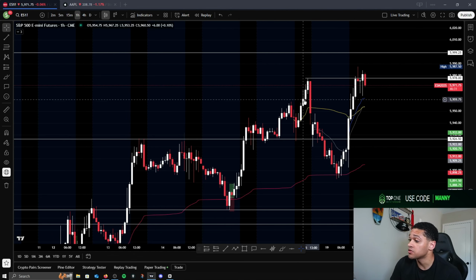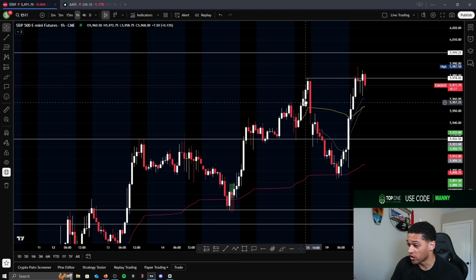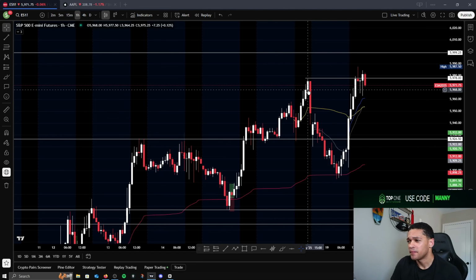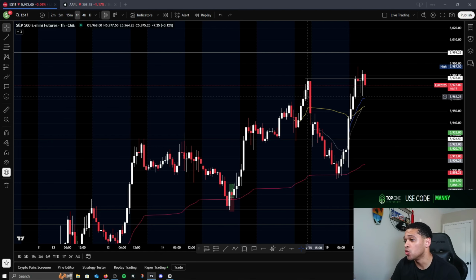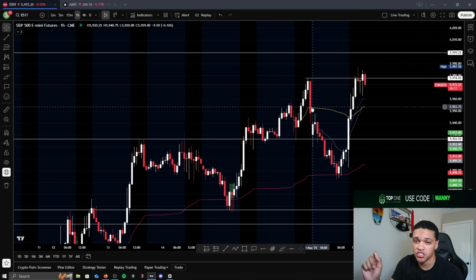And especially on this day, I know a setup did present and it worked, but can this work consistently? Is it always smart to buy the highest price of the day? No, it's not. So you need to be picky and select your spots on the higher time frame, and then wait for your executions to present themselves once we are at those areas of interest on the lower time frame.